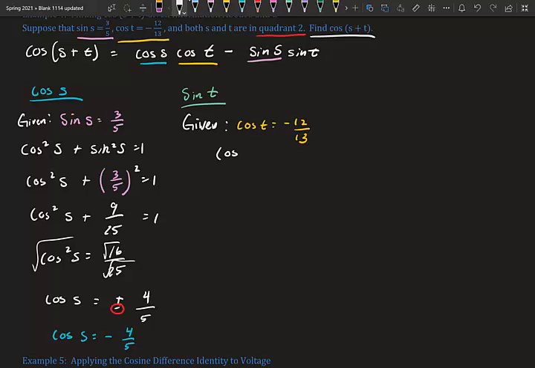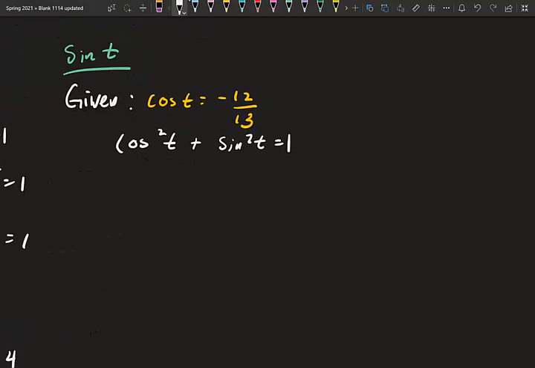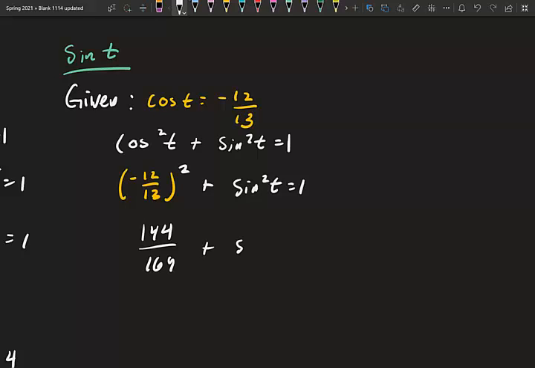So we have cosine squared t plus sine squared t equals 1. So we have cosine squared t, so that's negative 12 over 13, squared, plus sine squared t, which is what we're trying to find, equals 1. So we square it. We have 144 over 169 plus sine squared t equals 1.